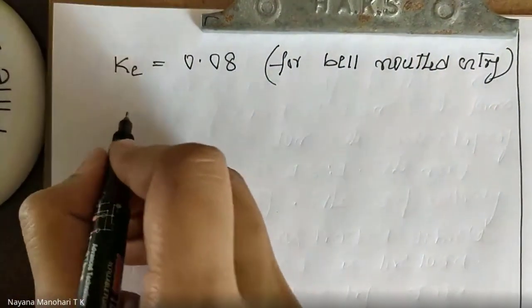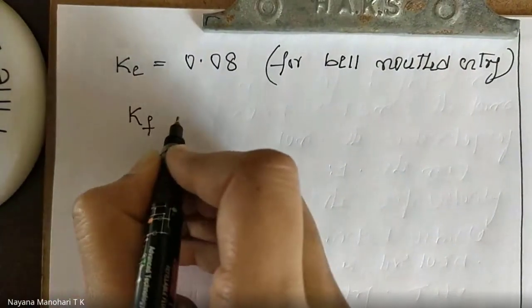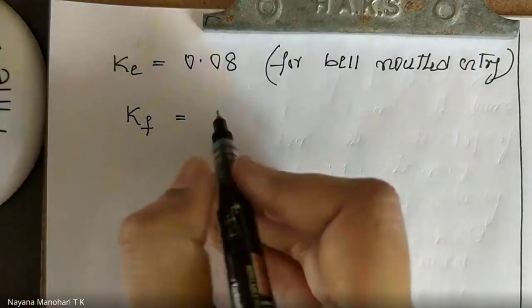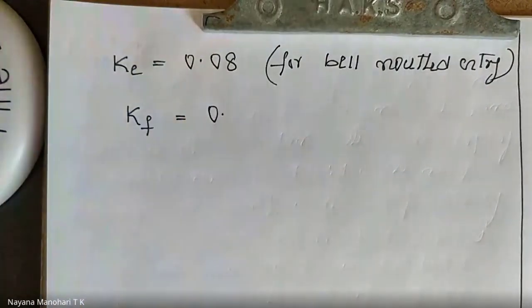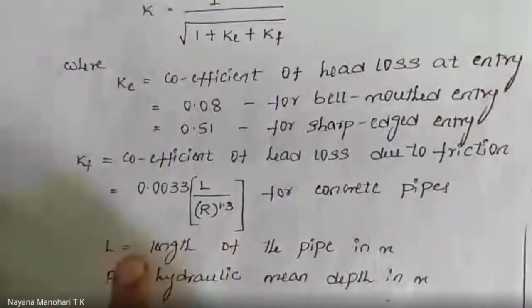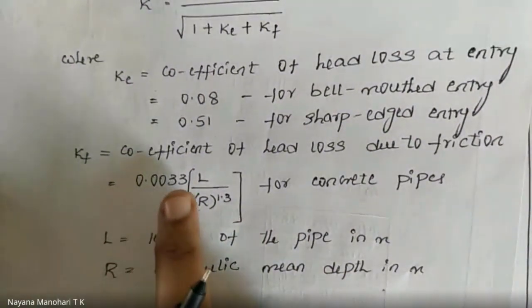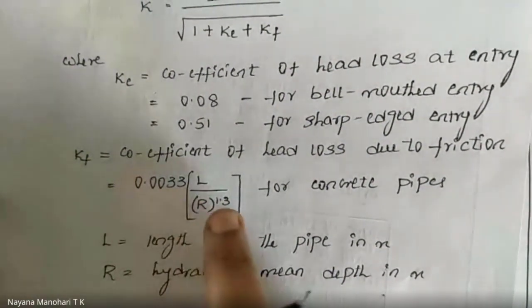Next, in that equation you need to calculate the KF value. In the design procedure I have explained the formula. KF is given by 0.0033 into L divided by R to the power of 1.3.